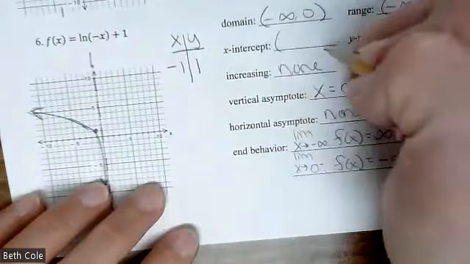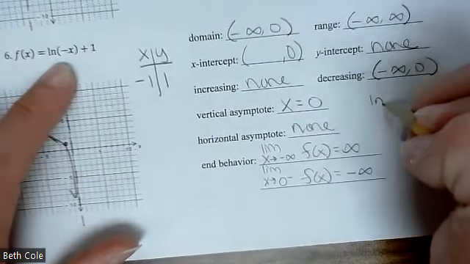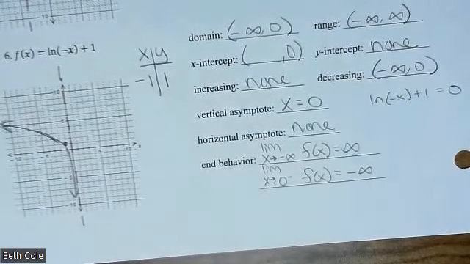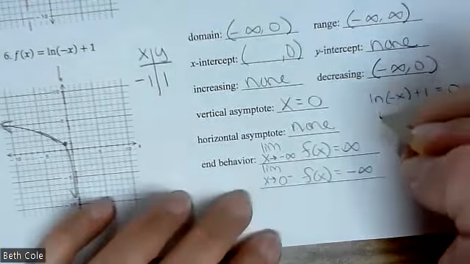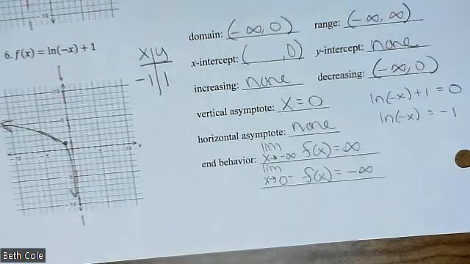It's going to be something, 0. So you're going to take the whole equation, set it equal to 0. And you will get stuck at some point, and that's fine. First step, subtract the 1. And then what? What is the base?